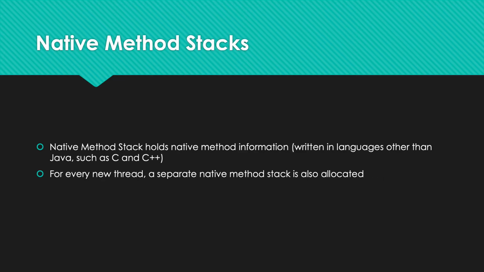Next, if we move to the native method stacks, this is going to hold information about native method code, meaning methods written in languages other than Java, such as C and C++.